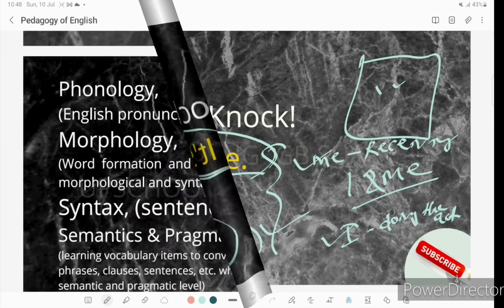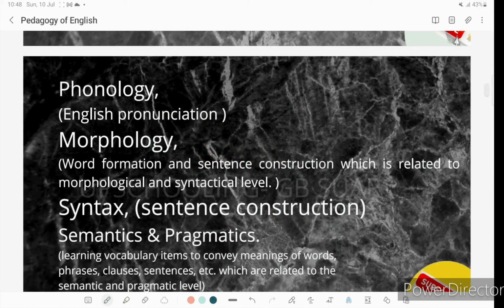Now, dear learner, you see, like any other language, English is also in a state of constant change, and the validity of several concepts is still debated.